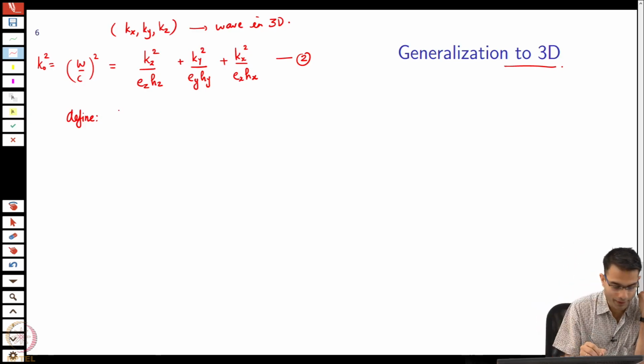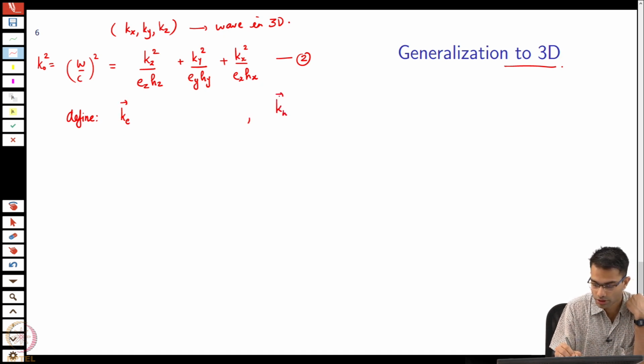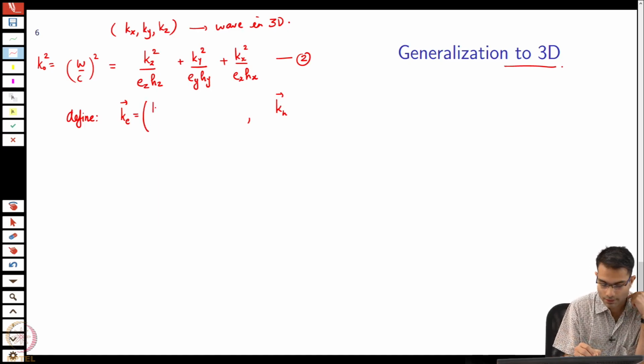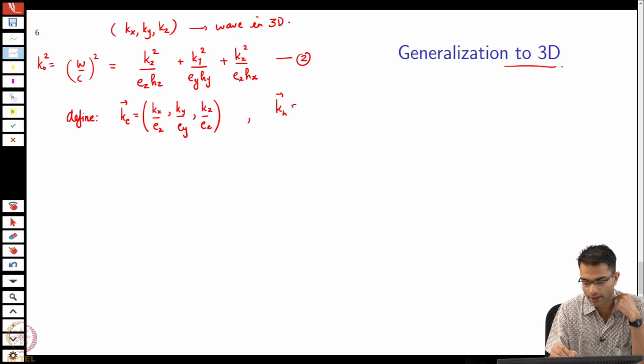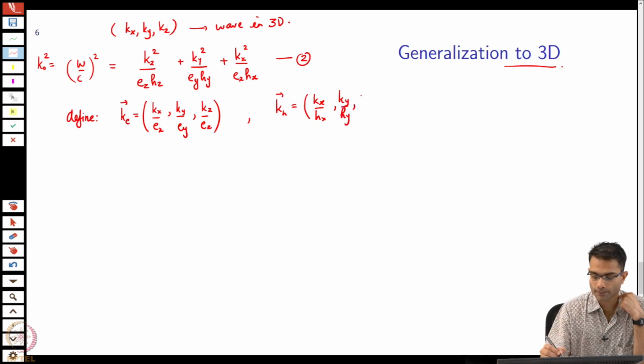So, let me define two new wave vectors: Ke corresponding to the E part and Kh corresponding to the H part. I define Ke as Kx by Ex, Ky by Ey, Kz by Ez, and Kh the same way, Kx by Hx, Ky by Hy, Kz by Hz.